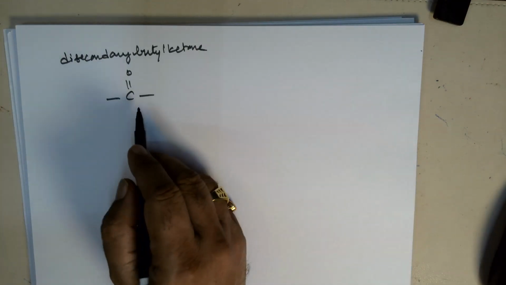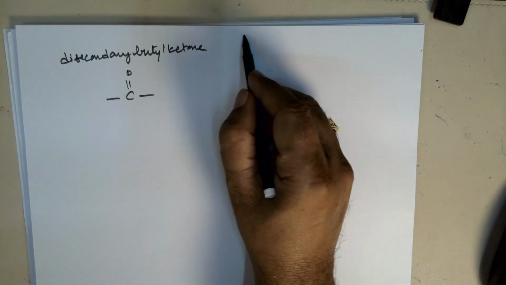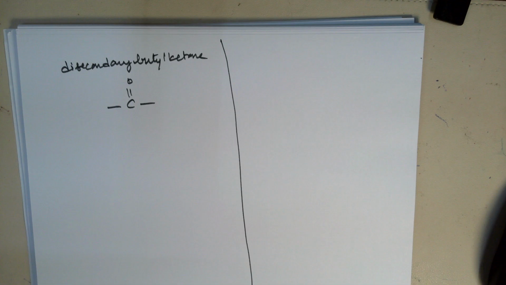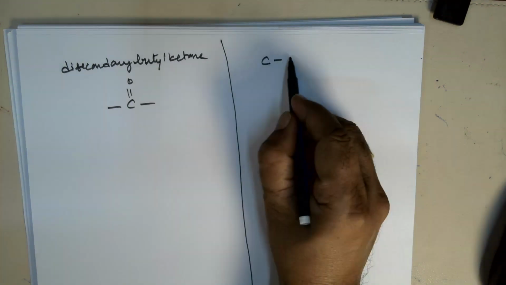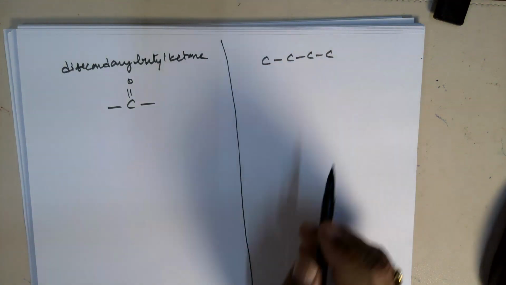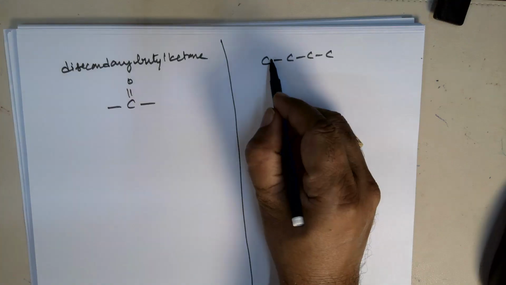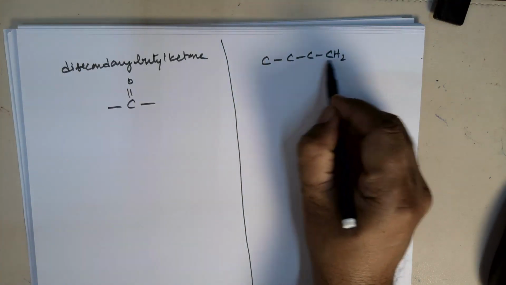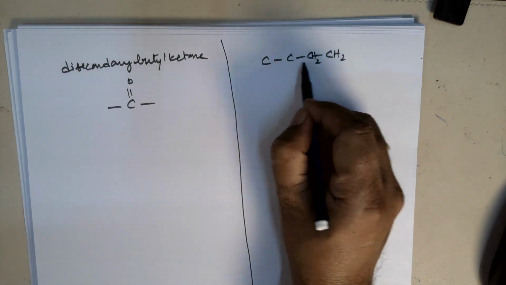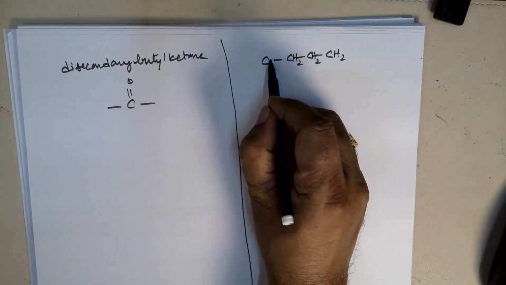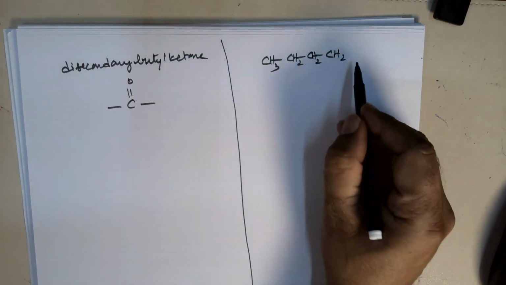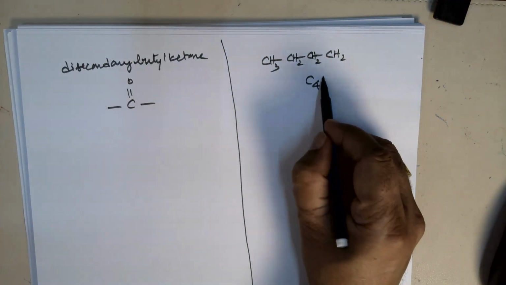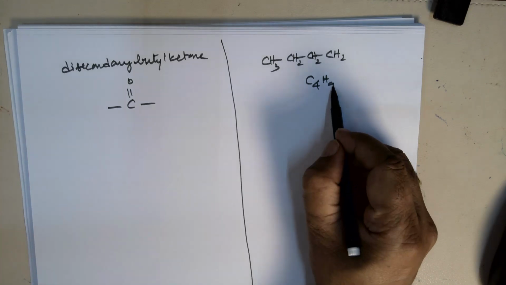So how can you write down the secondary butyl? If it is normal butyl, you can write C, C, C, C, which is normal. And butyl means CH2, CH2, CH2, CH3. So this is butyl, that is C4H9.